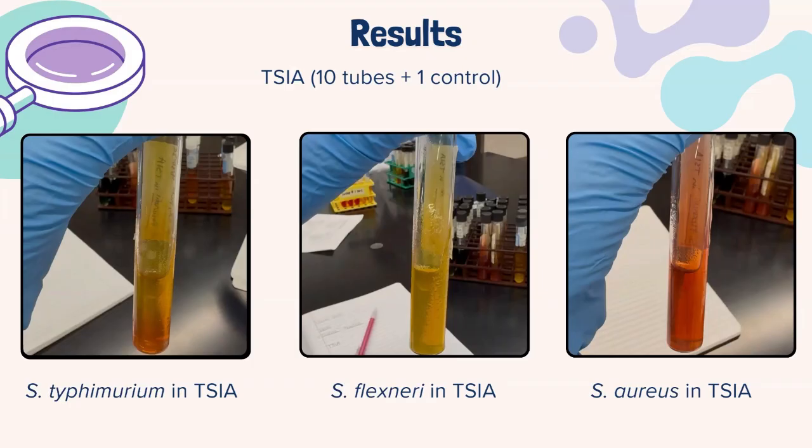The S. flexneri is supposed to be red yellow, but for us it was fully yellow, and it was not supposed to have gas or hydrogen sulfide, meaning that it is a glucose fermenter only. And for the SRS, it should have been yellow yellow, but instead it is fully red, meaning that it should have meant that it ferments multiple sugars.